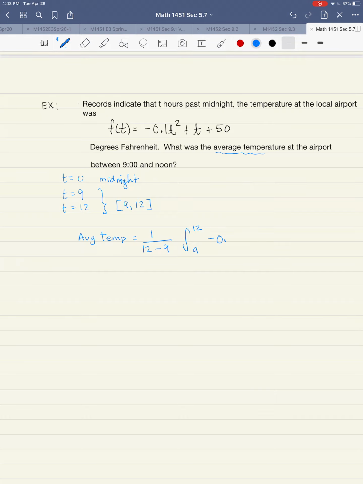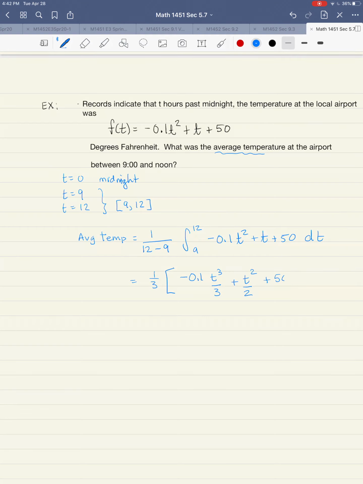Average temperature is going to be 1 over b minus a times the integral from a to b of -0.1 t squared plus t plus 50 dt. That's a 1/3. This is just a term-by-term integration. Let's get rid of the integral sign.